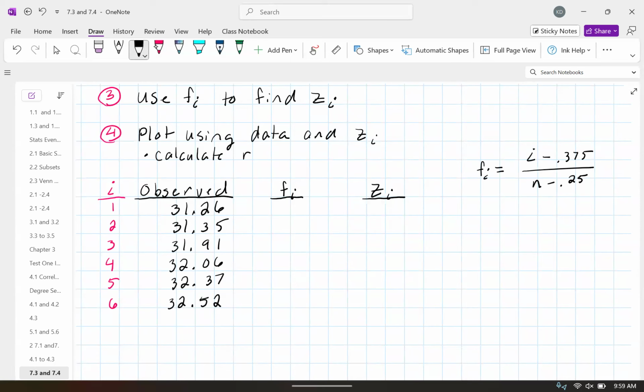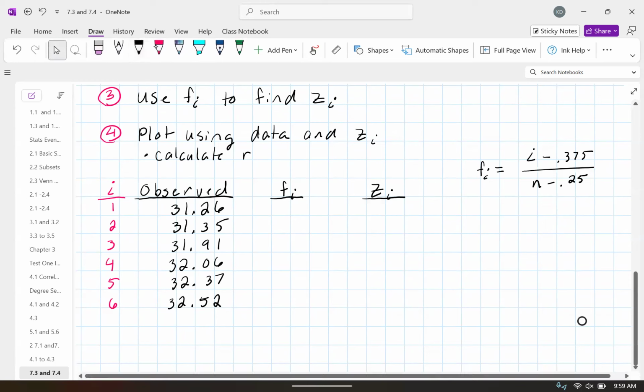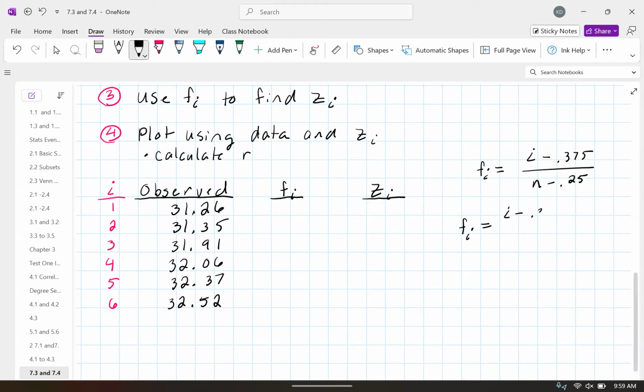I didn't think to grab my calculator today, calculator app, thank you. All right, so my N is 6. So the F equation we're gonna use is our index minus 0.375 all over 6 minus 0.25. I could have done that in my head, but I didn't. 5.75.